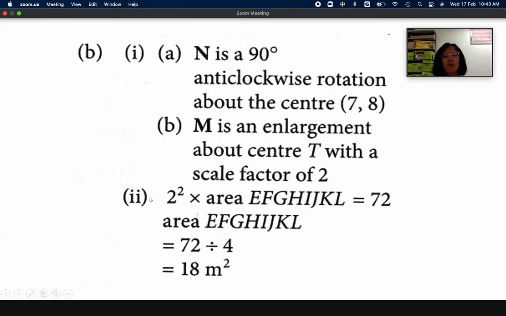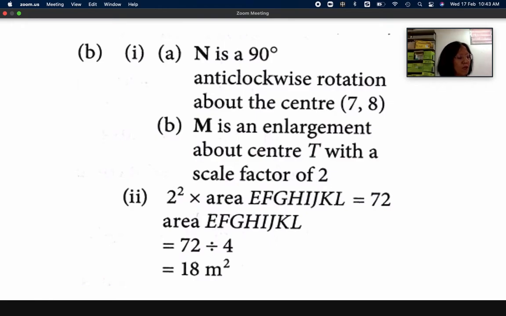And for Part 2, because enlargement, ladies and gentlemen, enlargement, it is under, shall we say, similar objects. Similar objects, that means the shape is the same, the size not the same.